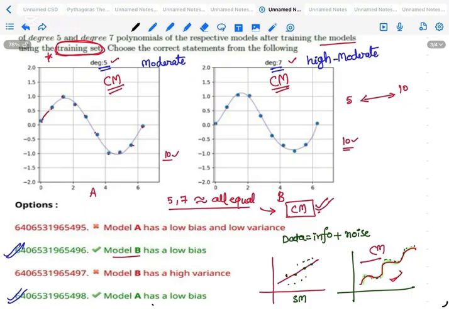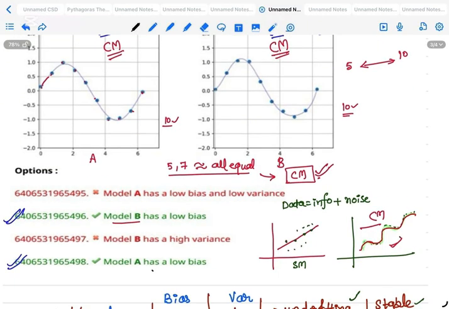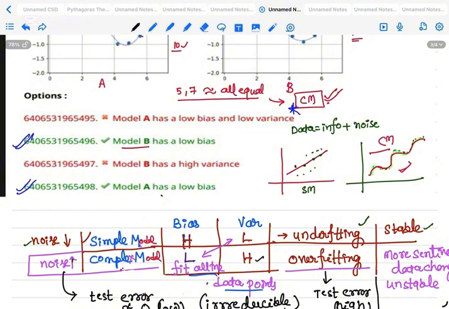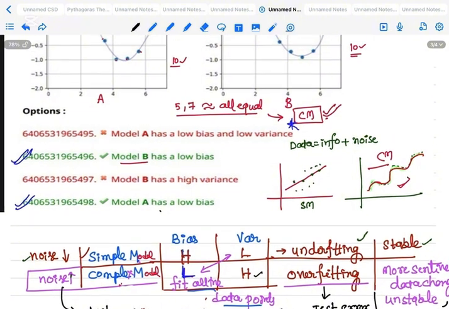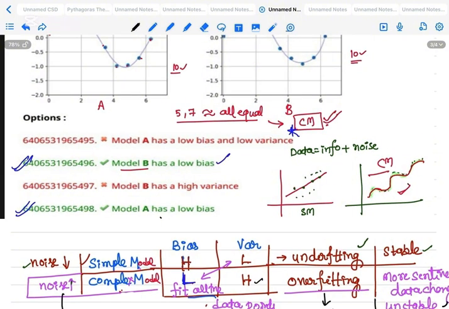If the degree is low, it belongs to the simple model. Both are moderate to high, so both come under the category of complex models. For a complex model, bias is low, right? So model B has low bias, this is the correct option, and model A also has low bias.